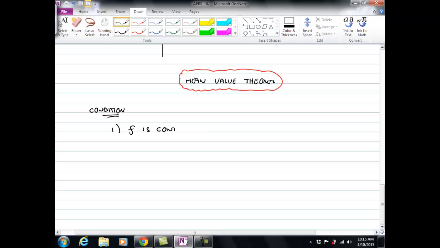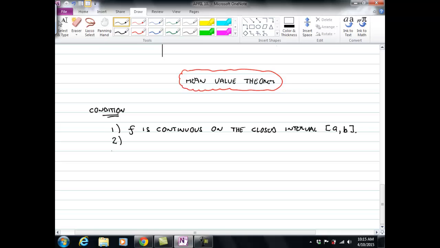There's that word again, continuous, on the closed interval [a, b]. Okay, same thing as Rolle's. So this theorem is actually an extension of Rolle's theorem.